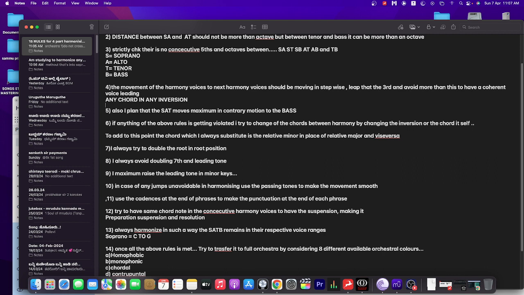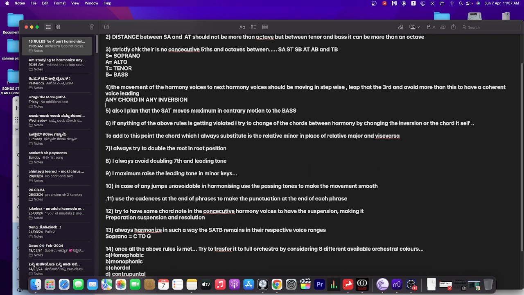To add to this point, the chord which I always substitute is the relative minor in place of the relative major and vice versa. For instance, there is a situation where you have to place an F major chord, but some of the above first five rules are getting violated. You're supposed to cross voices, or you're supposed to have voices more than an octave apart.